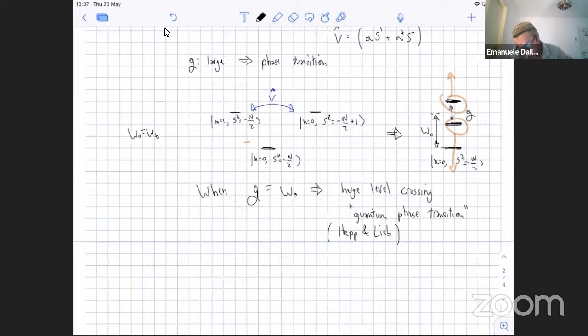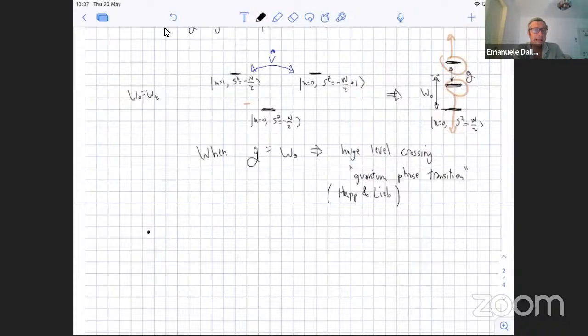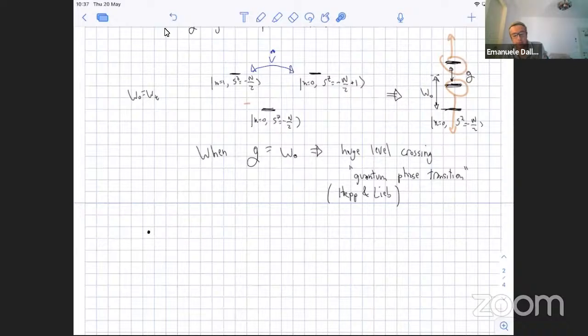Okay, so let me now show you. I have shown you this in a qualitative manner. Now let me show you how to derive the Hepp-Lieb transition in a quantitative manner. And the approach that I'm going to use can also be generalized to reintroduce the counter-rotating terms. This schematic picture that I've shown you is valid only when there is a conserved quantity, which is the total number of excitations.